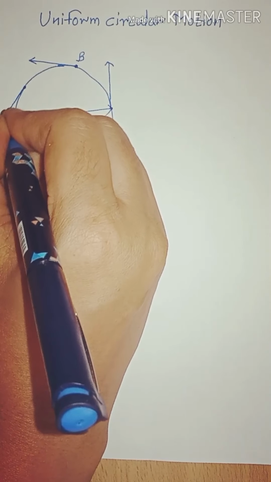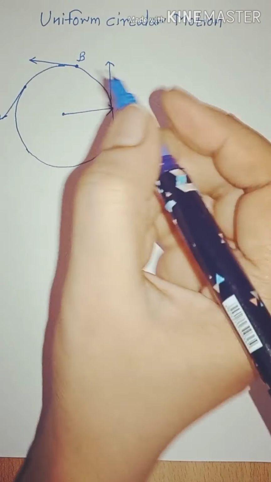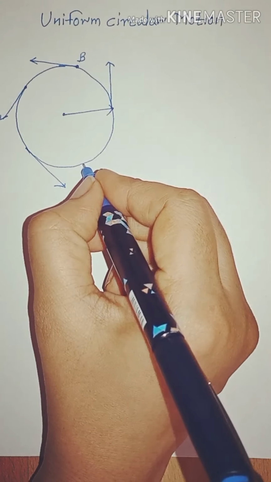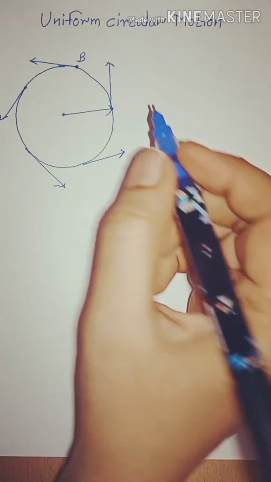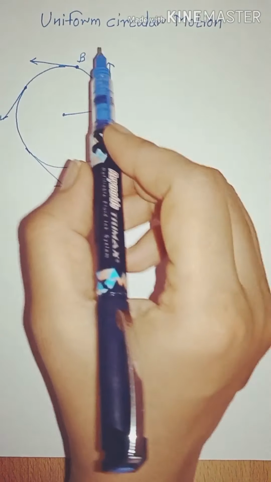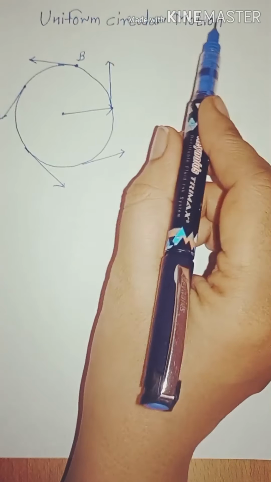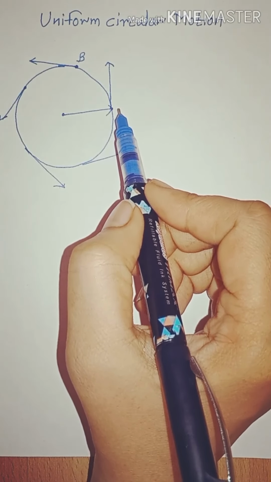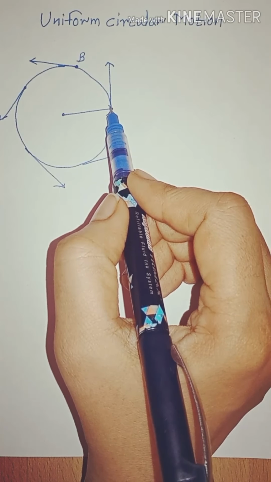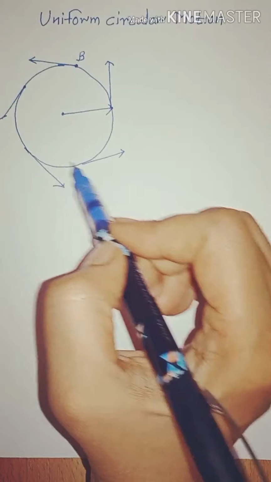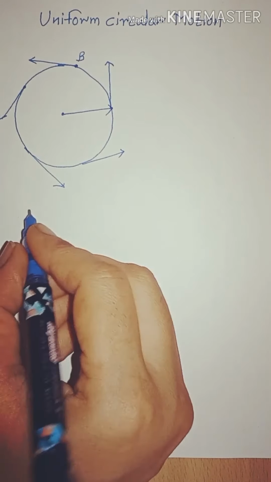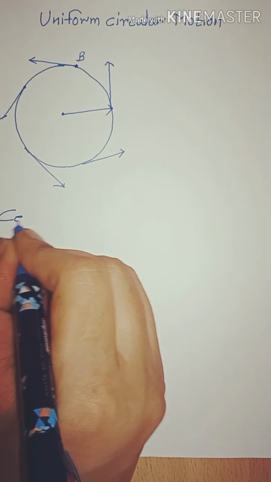Therefore, the direction of the tangential velocity changes continuously while performing circular motion. In uniform circular motion, the magnitude of the velocity remains constant, but the direction of the velocity changes at every instant.